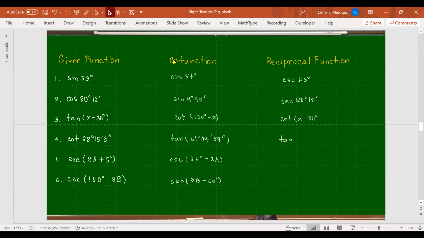Cotangent, 28 degrees, 15 minutes, 3 seconds. Okay? Then we have secant. Anong sa secant? Cosine, no? 2a plus 5 degrees. Last, cosecant, sine of 150 degrees minus 3b.